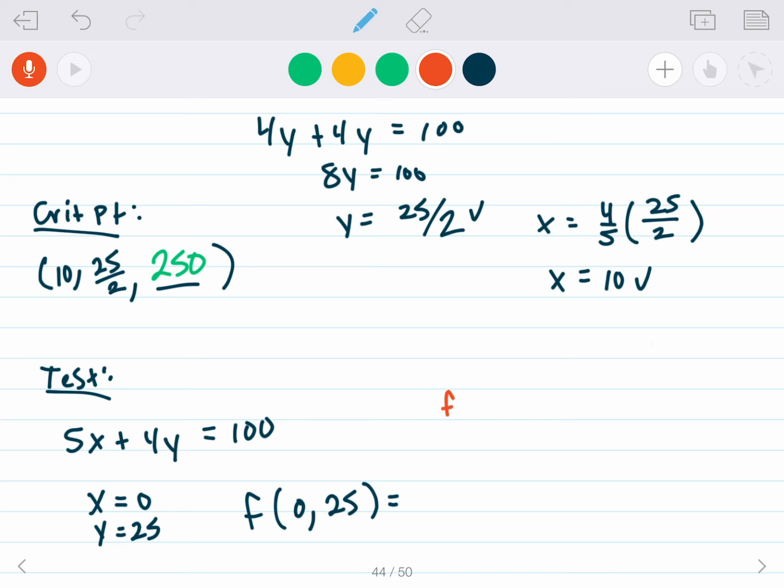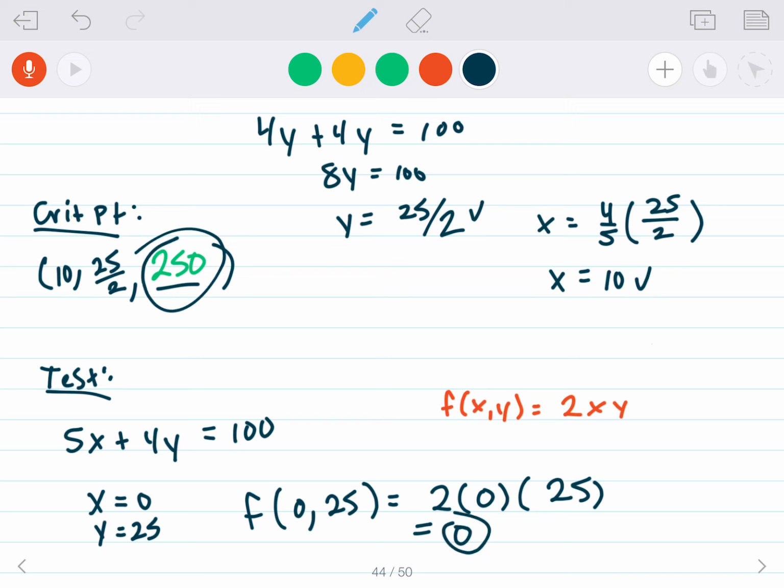My surface is 2xy. So I'm trying to see if there's a higher or lower z value than this. That's what I'm trying to do to see if that's the max or the min. Okay, so I have 2 times 0 times 25, which is 0. Okay, 0 is smaller than 250.